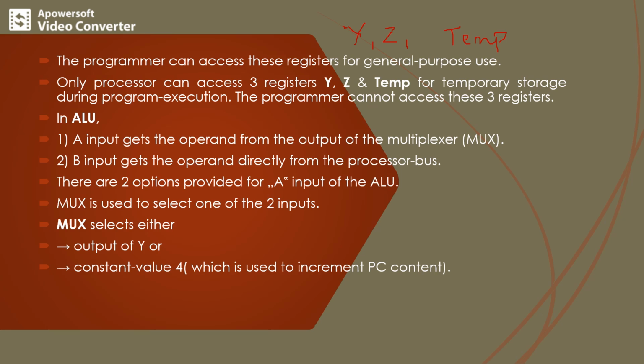The ALU consists of two inputs, A and B. Input A gets the operand from the output of the multiplexer.